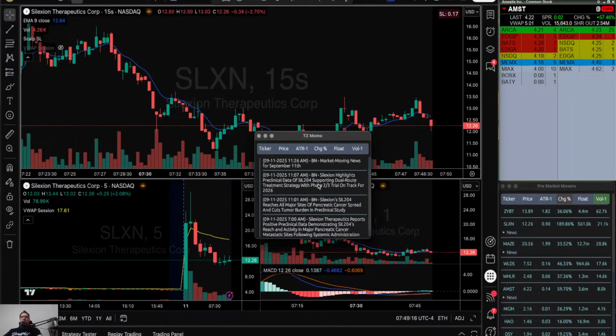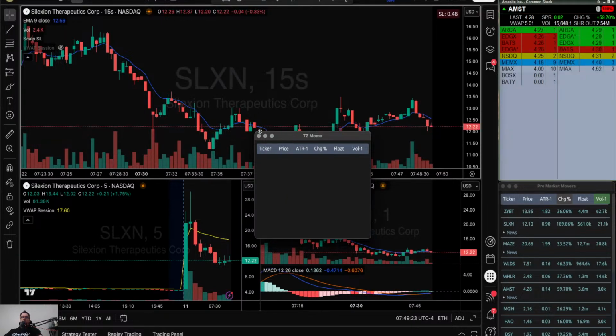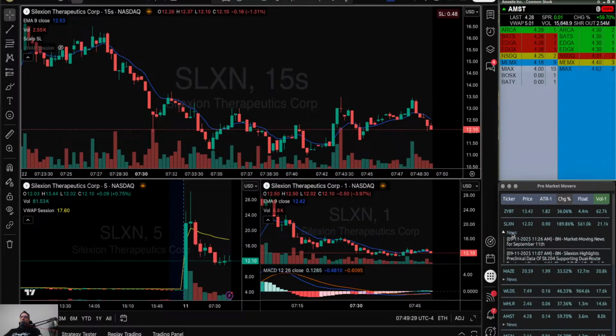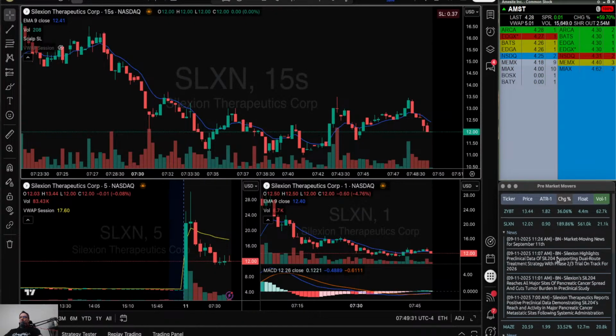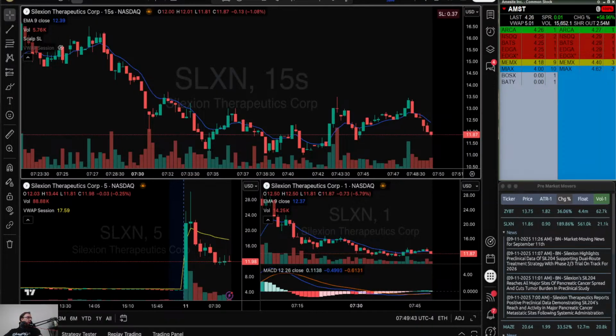Selection highlights preclinical data supporting dual route treatment strategy for phase 2 and 3 trial. Okay, that should have shown up on the top press releases.